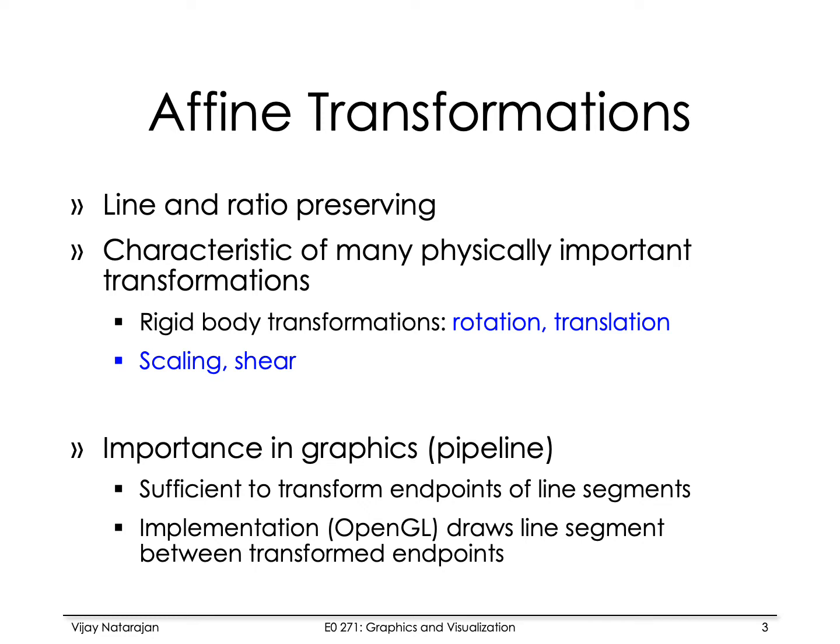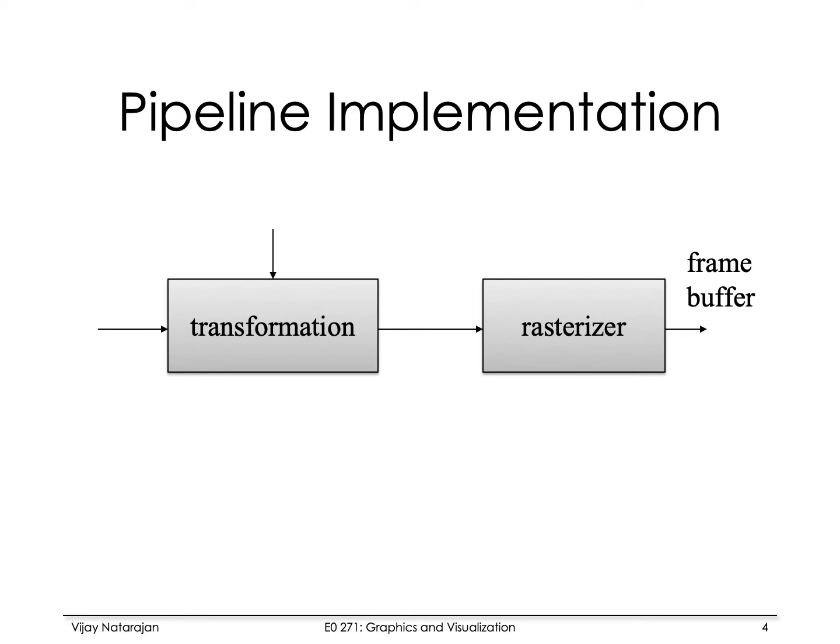So in our implementation, what happens is, for example, OpenGL implements the rendering of the line segment. So it takes care of drawing the line segment between our transformed endpoints. So let's look at this by looking at a part of the graphics pipeline. So let's say U and V are two vertices that go into the graphics pipeline one by one.